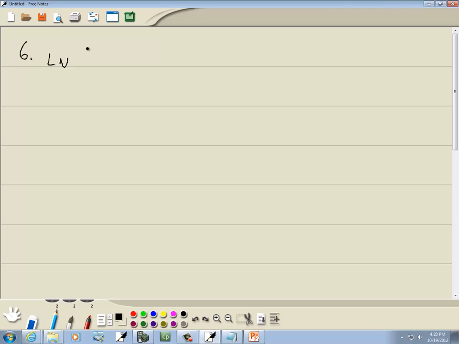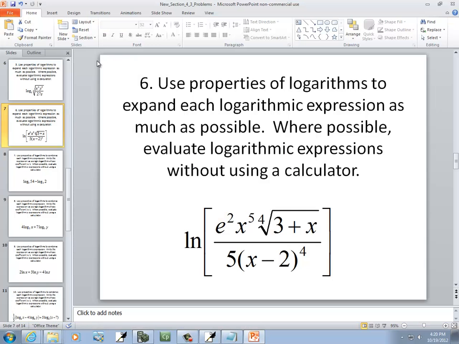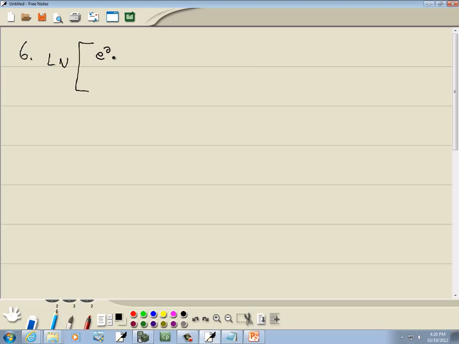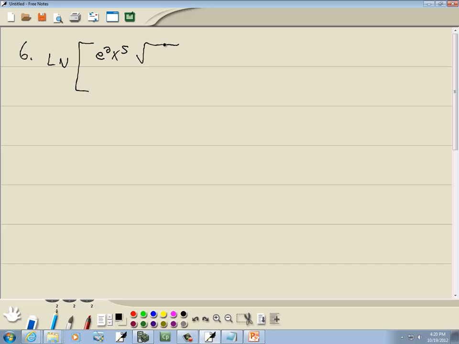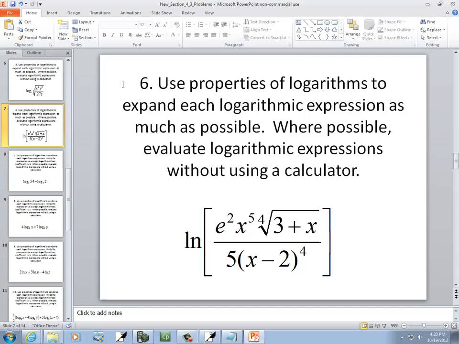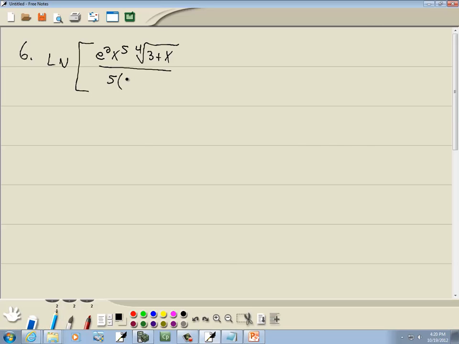Got a natural log of e squared x to the fifth, fourth root, 3 plus x over 5 times x minus 2 to the fourth.